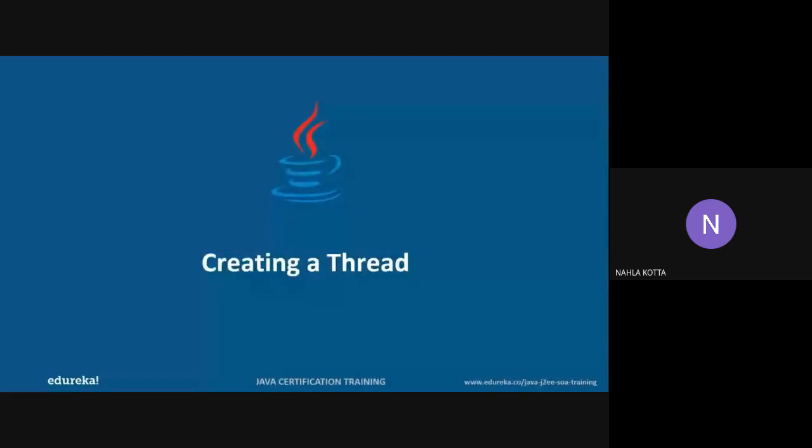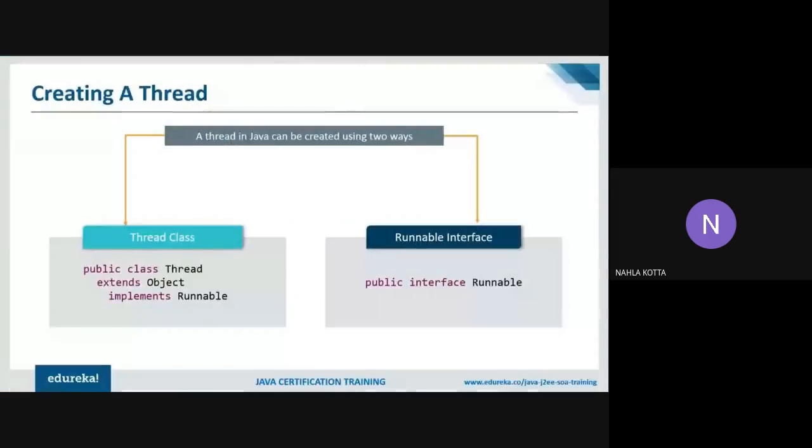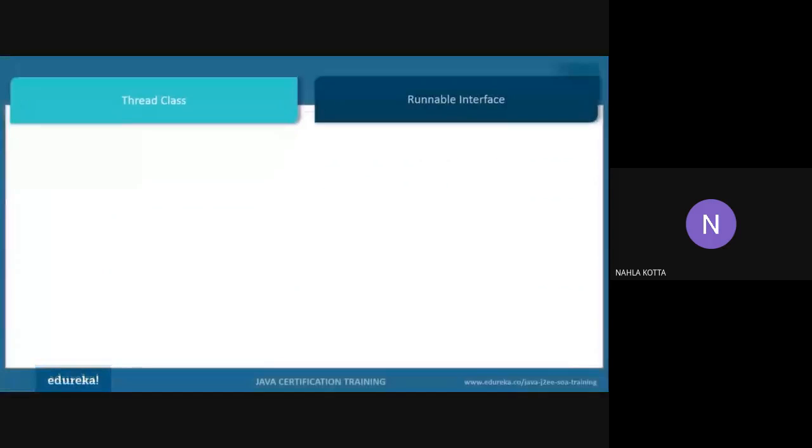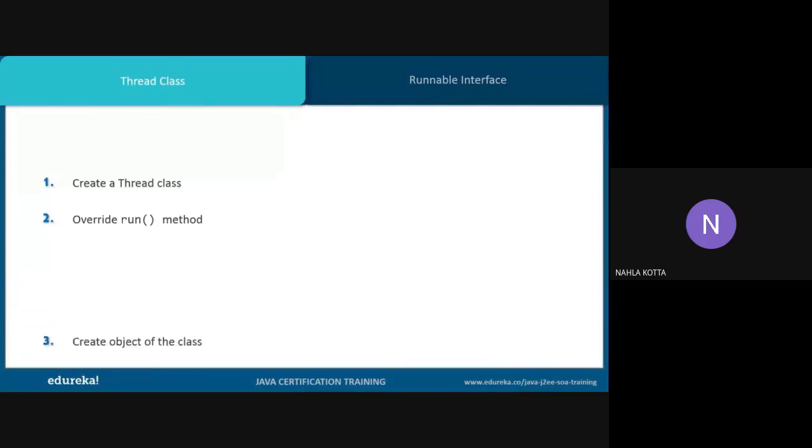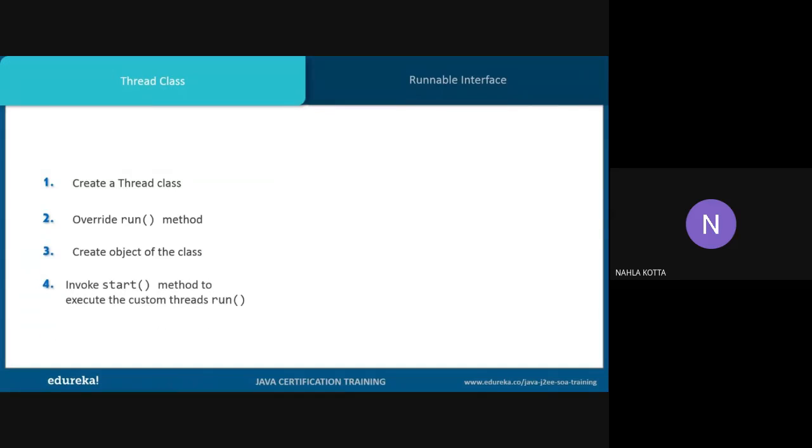So creating a thread is like what now? We have two different ways by which we can create the thread. Either we extend from Thread or we can implement the Runnable interface. So guys, having a Thread class, we'll just say extends Thread: any class name extends Thread.